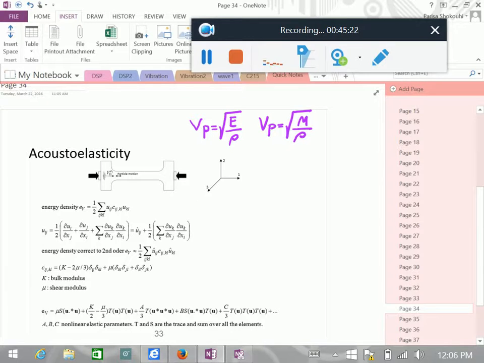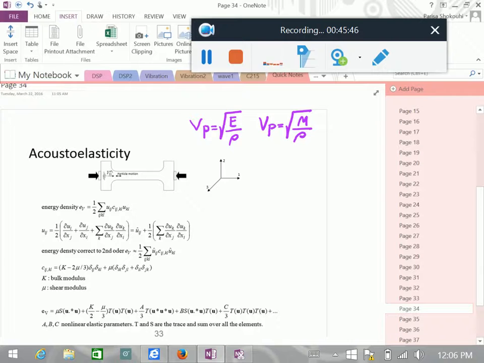It's a legitimate question, right? So, what is the trick here? Why don't we see anything about the stress in these expressions? Because elasticity is a function of the stress.